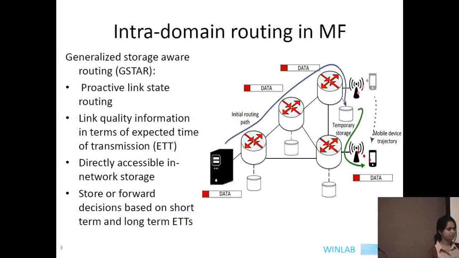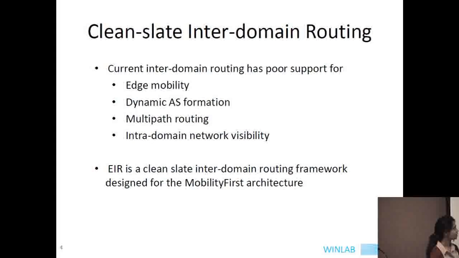Let me move on to what happens when you go into interdomain, with different networks connected together. In the current interdomain scenario, there are a lot of challenges in the sense that it doesn't support mobility very well in the first place. If you're moving from one location to another, your IP address changes, and current BGP doesn't perform very well with that.